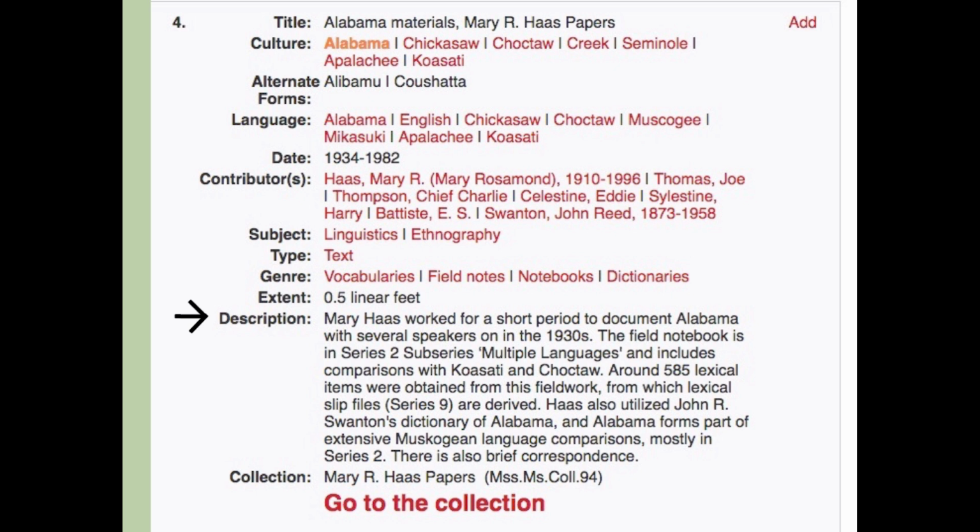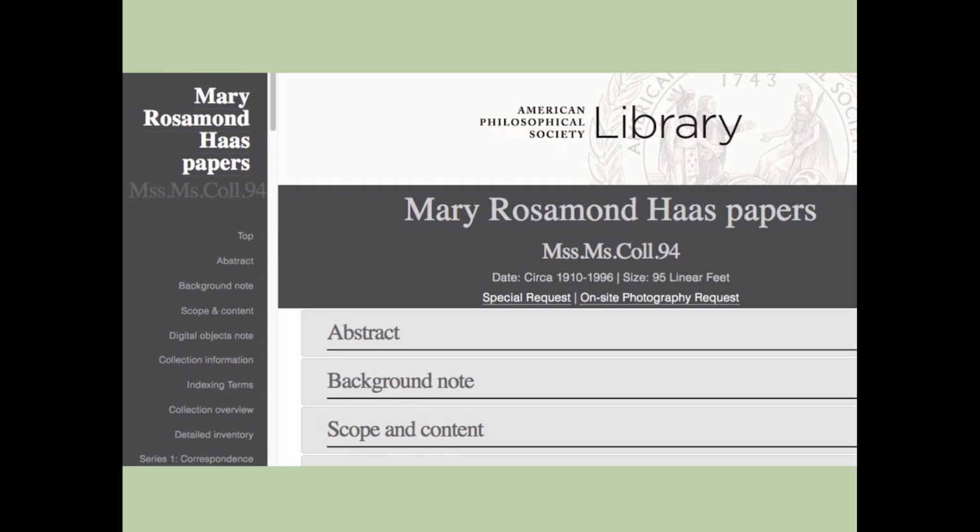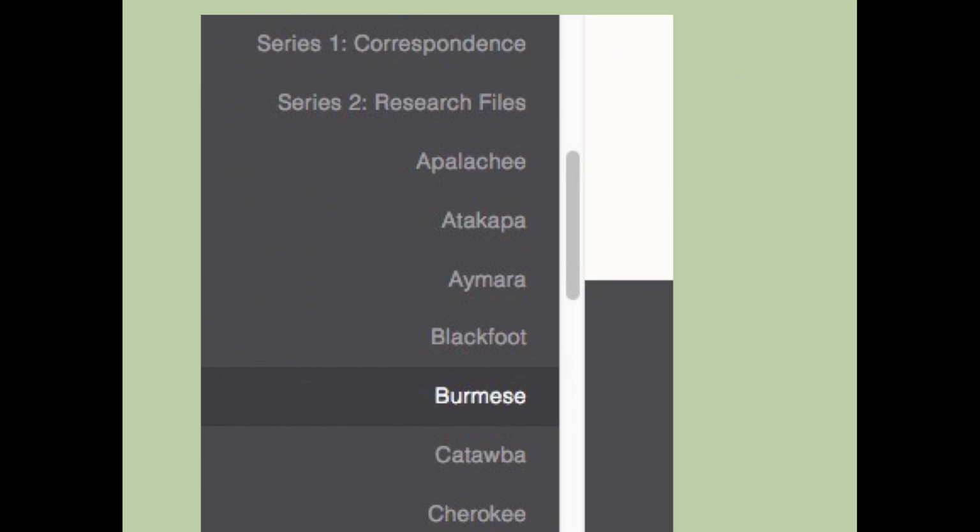It says some stuff in Series 2, a sub-series called Multiple Languages. So we're going to try to find that here. If we click on the link that says go to collections, we'll get there. And then we go to the left-hand side and we see the different lists of series.